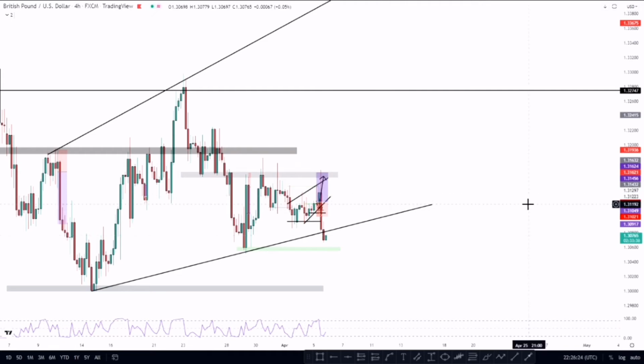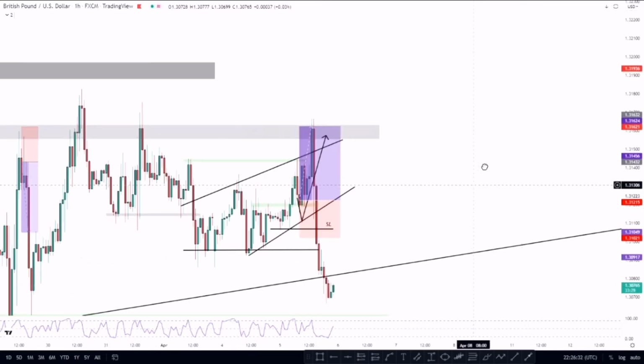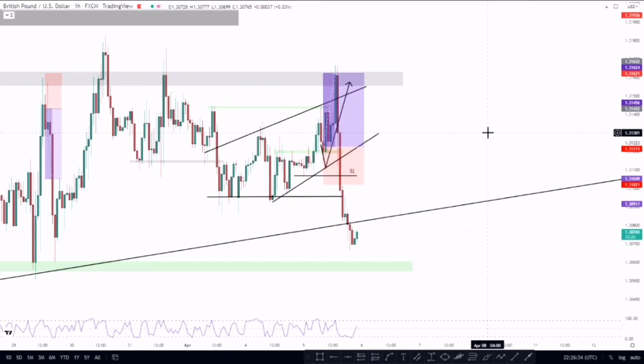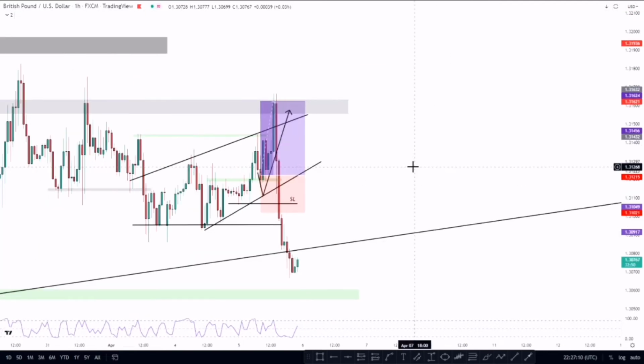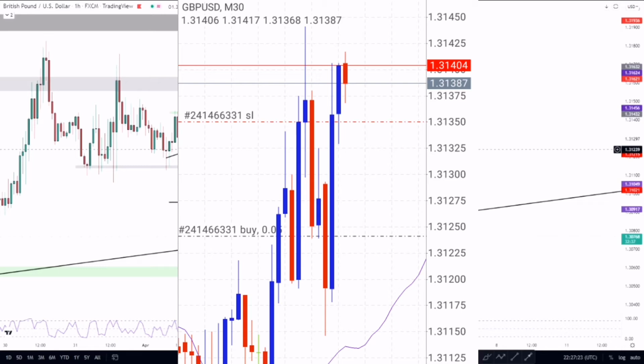Let's take a look at the 1 hour time frame. So on the 1 hour we have a channel inside a channel inside a channel. We have a lot of channels today, but you can see that it's all making sense. So this is the one that I took today. I'm not sure if I have any videos or images on my phone. If I do, I'll throw it up on the screen of my MT4.